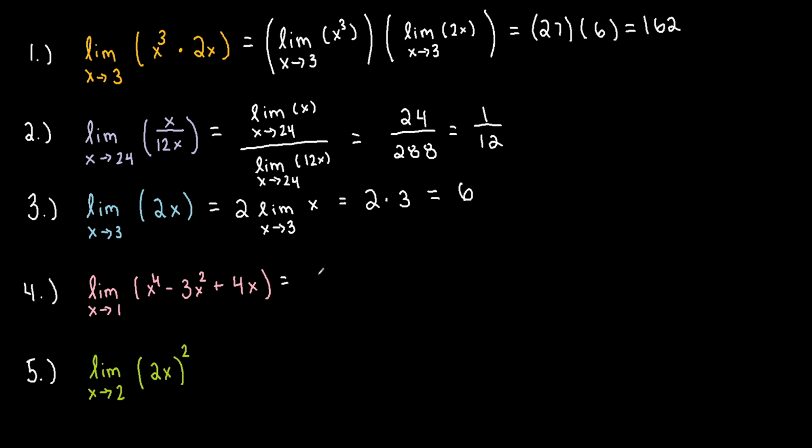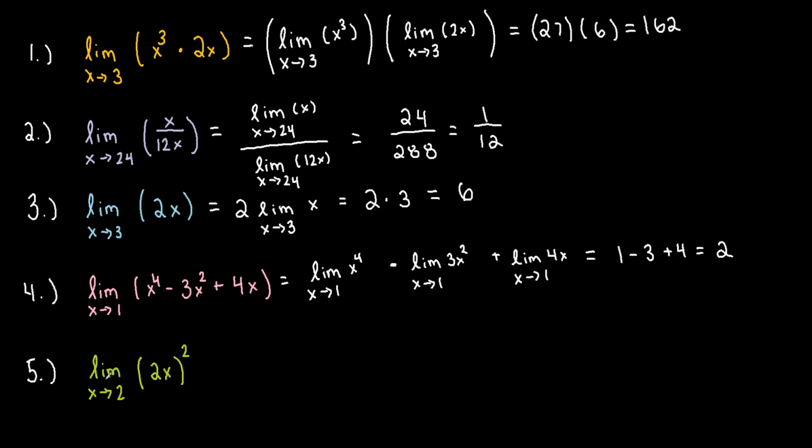So this will equal the limit of x to the fourth as x approaches 1 minus the limit of 3x squared as x approaches 1 plus the limit of 4x as x approaches 1. And now we can use direct substitution to solve this limit. So this will equal 1 minus 3 plus 4. And this will equal 2.